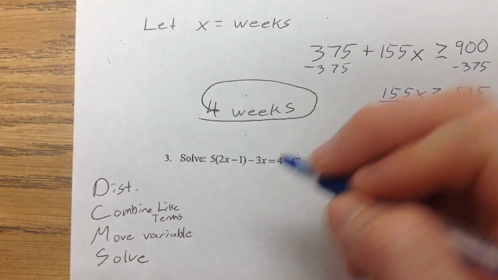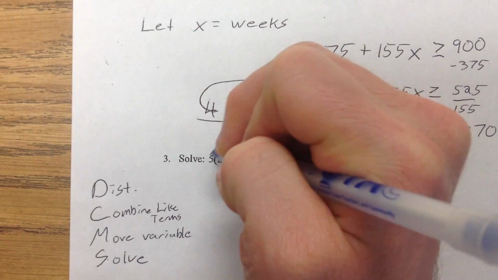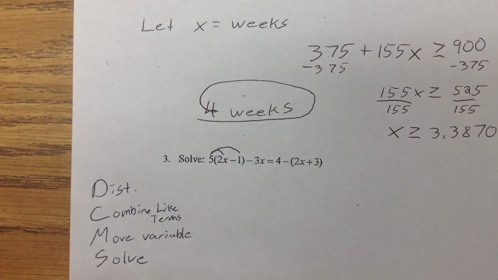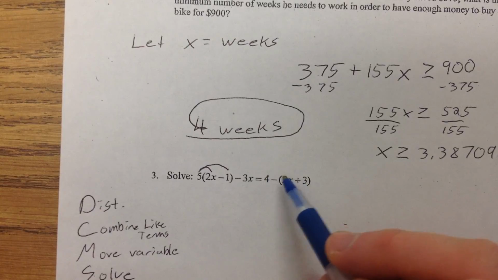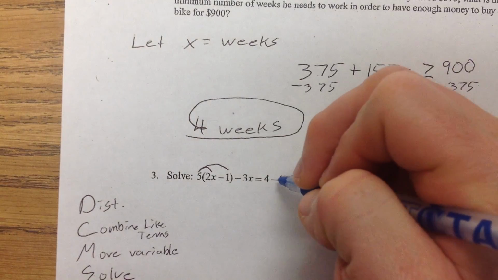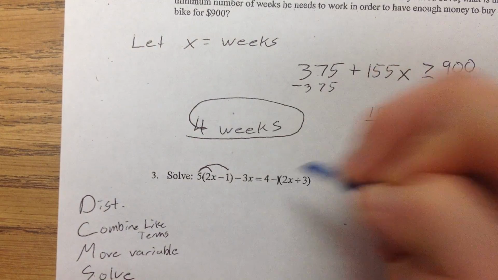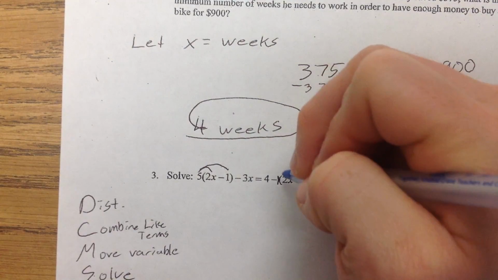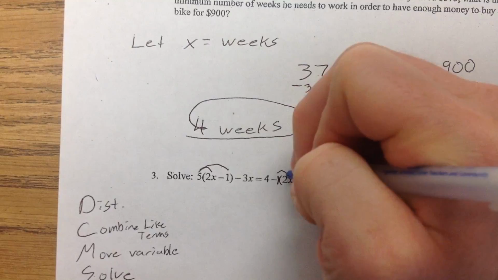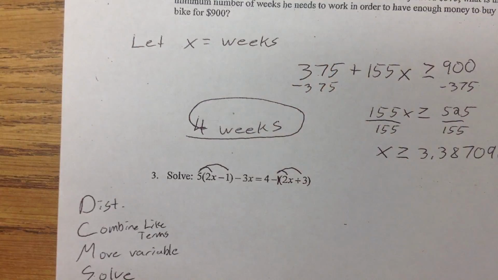Step 1 is to distribute. So I'm going to take this 5 and distribute it to both of those pieces. Now over here, you might be saying, wait, do I distribute the 4? What you have to remember is there's actually that invisible 1 here. So we're not distributing the 4, we're distributing what's right next to the parentheses, and it's that 1 that we just don't always write in there.